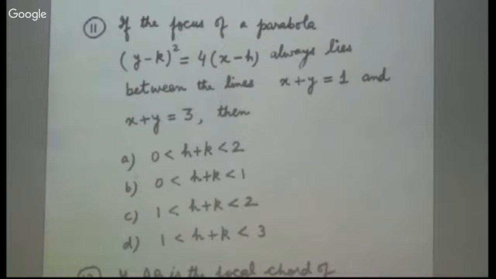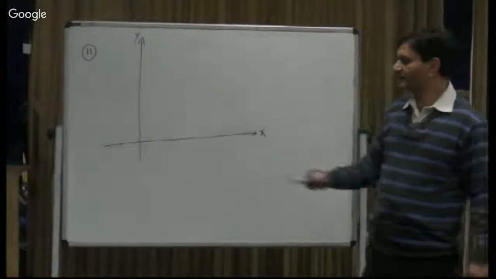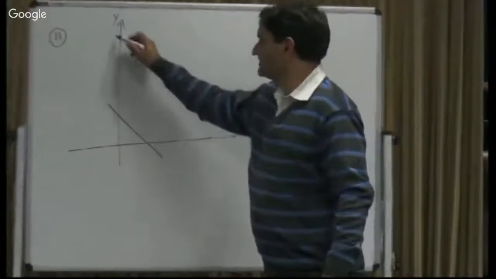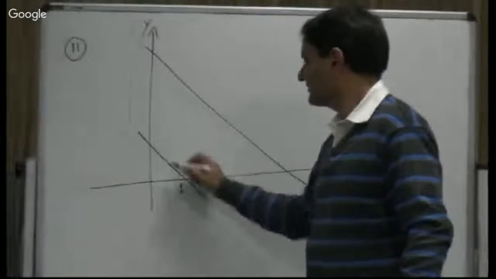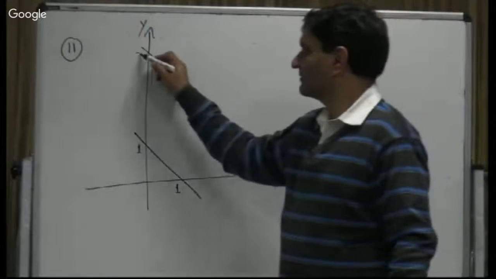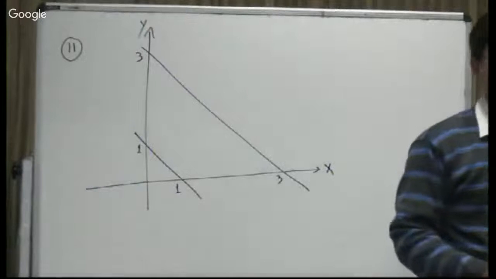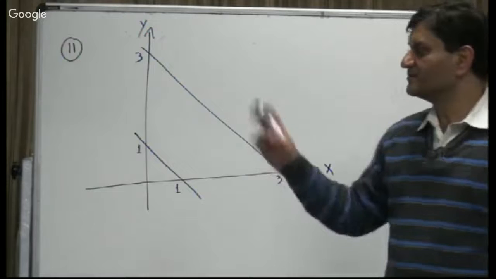Now see, this is also a very interesting question. This is the x-axis, y-axis, right? You draw these two lines. x plus y equal to 1 will be like this and x plus y equal to 3 will be like this. The focus of this parabola lies between these two lines.